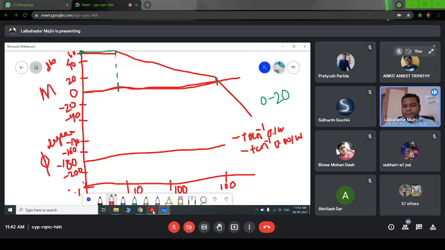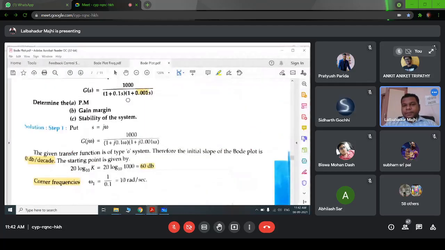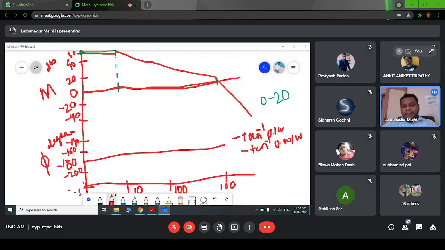That is the pole, right? We have to vary the frequency omega. So this will be our phase angle.